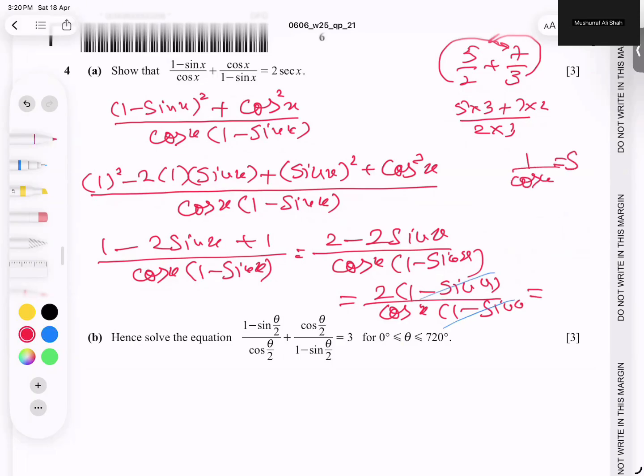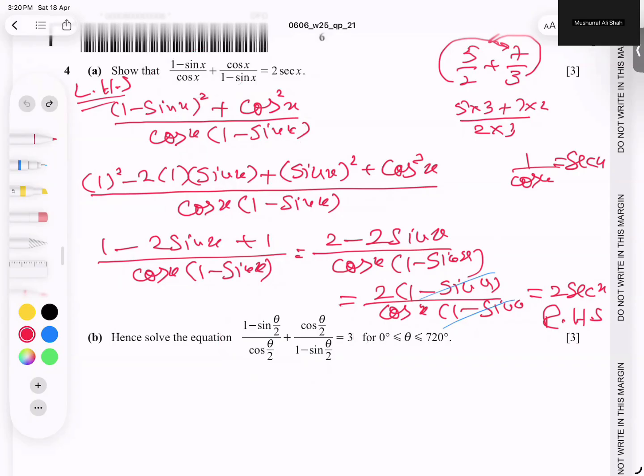Secant. So Alhamdulillah, the target is achieved. Right hand side, I have taken here the left hand side. So this is done. Now we will try to match, you know, make sure when the first part is proving an identity and the second part is angle finding, 90% chance or more than 90% chance they are connected.